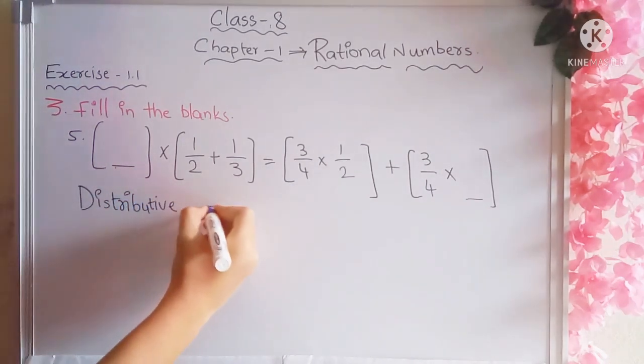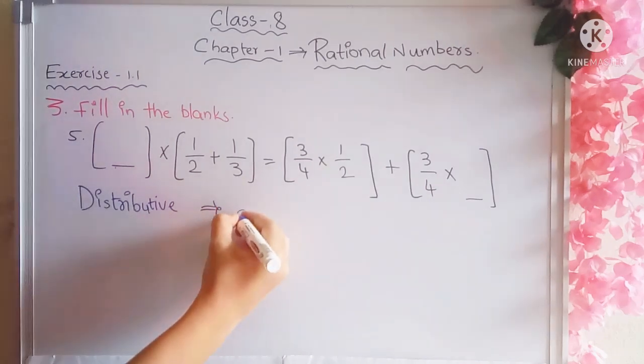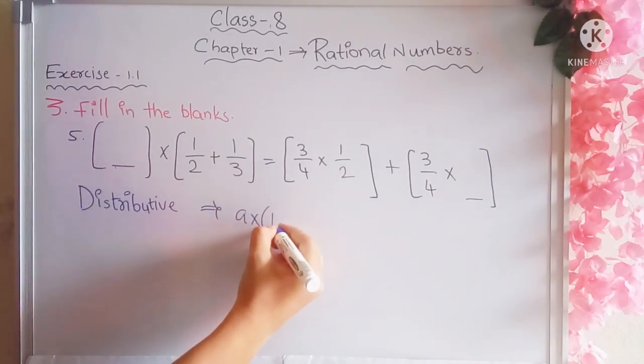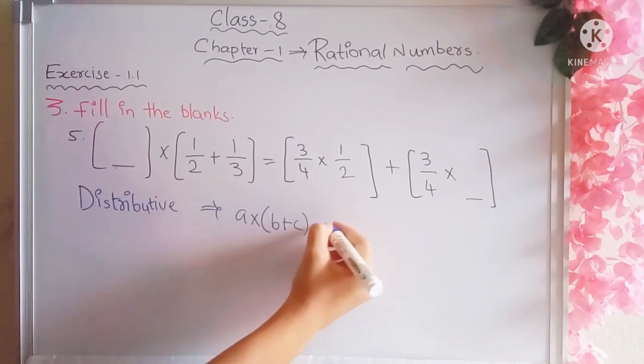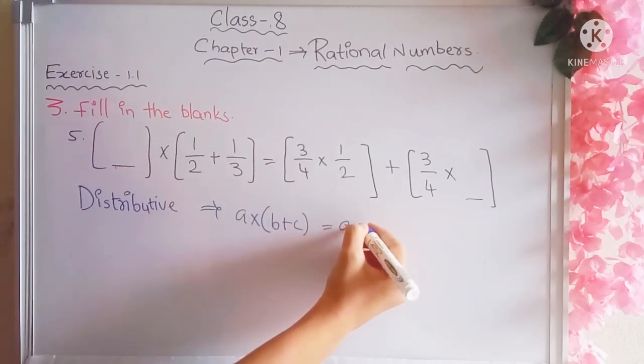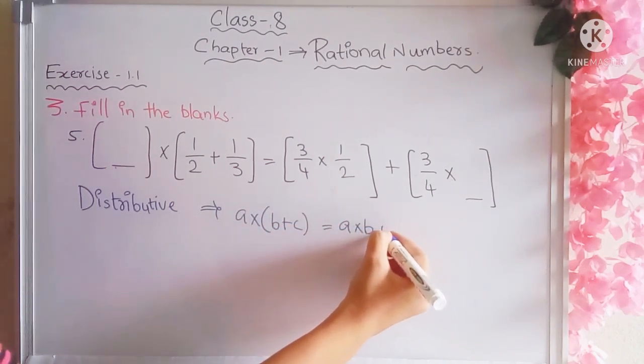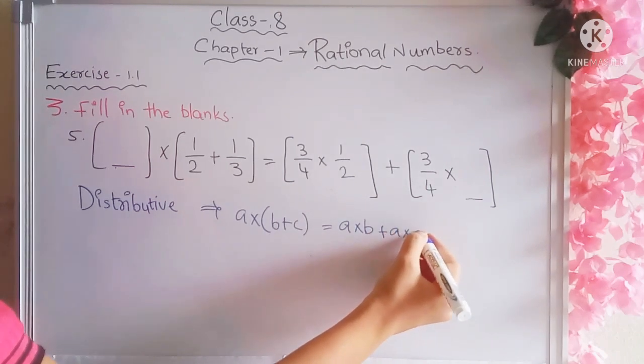And A into B plus C is equal to A into B plus A into C.